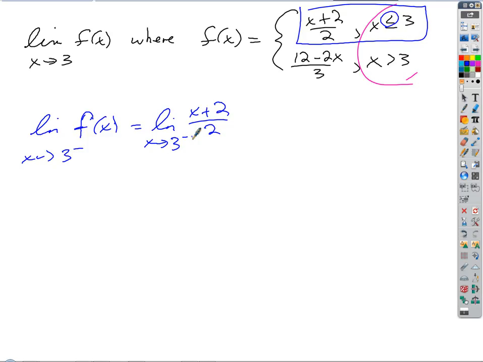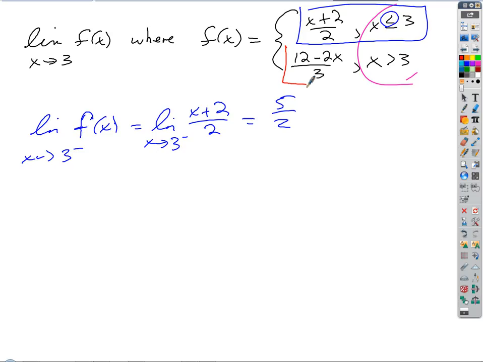Okay, Jonathan, what's that going to be? 5 over 2, isn't it? Does it matter that we're approaching 3 from the left? Well, what value are we still approaching? 3. So when I evaluate the limit, I'm still going to plug in a 3, right? This just tells us the directionality of my approach. That's it, right? I still get the answer of 5/2.